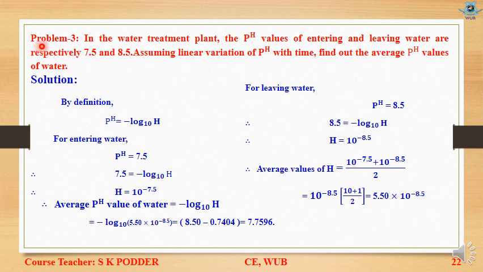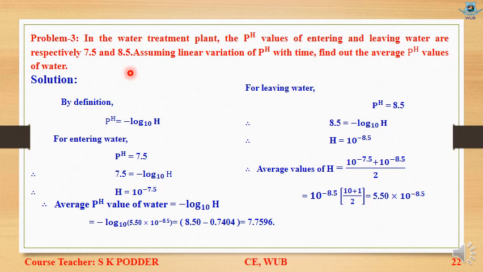Let's see problem number 3. In the water treatment plant, the pH values of entering and leaving water are respectively 7.5 and 8.5. Assuming linear variation of pH with time, find the average pH value of water.